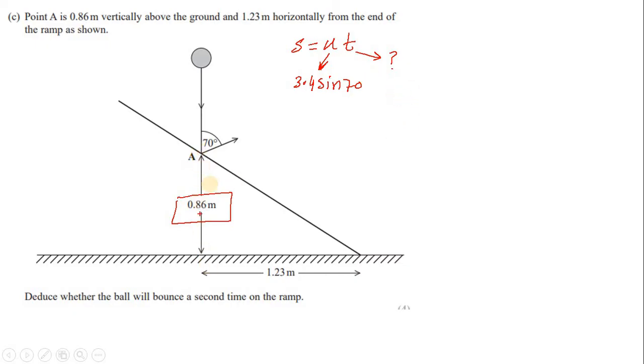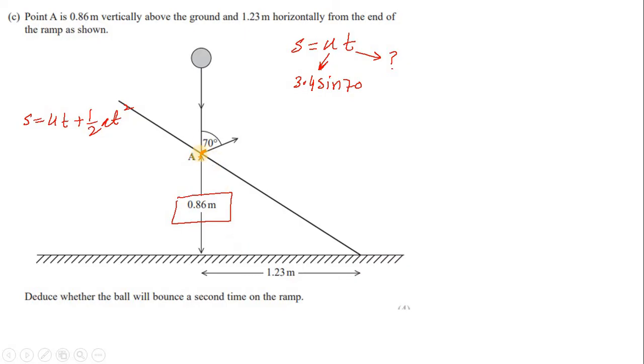So we are given a vertical height, and from the vertical height we can find the time. The way is you will use s = ut + (1/2)at². Now this s is a vertical height, and this vertical height is below the point of projection.